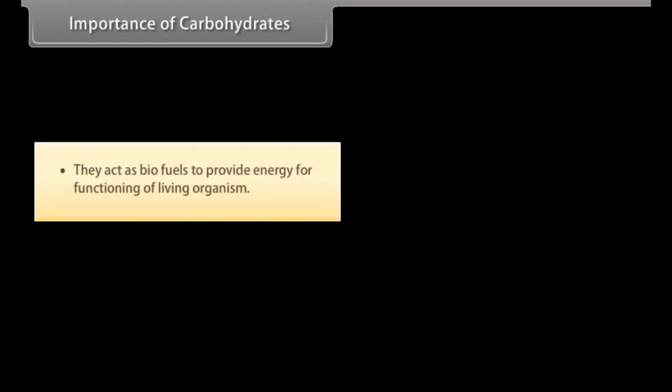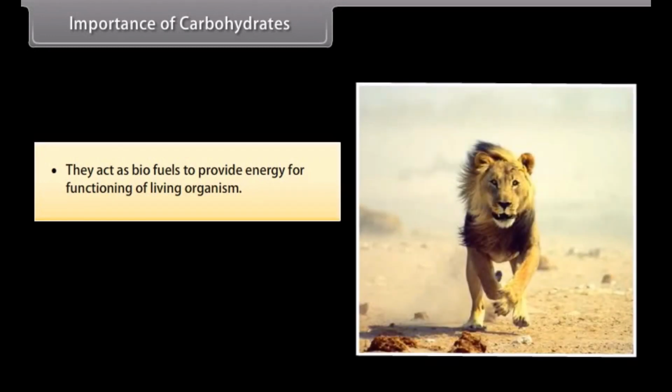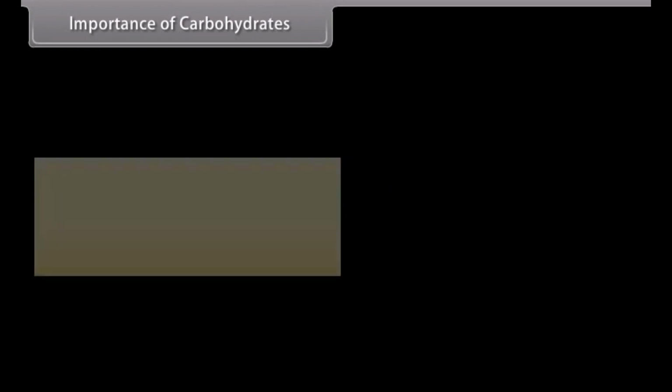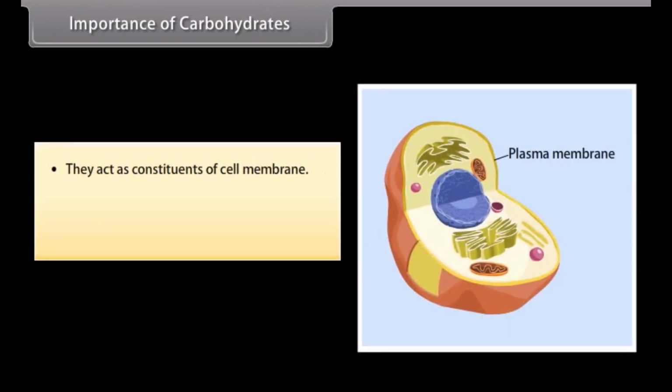Importance of carbohydrates. They act as biofuels to provide energy for the functioning of living organisms. They act as constituents of cell membrane. They help in breakdown of fatty acids and preventing ketosis.